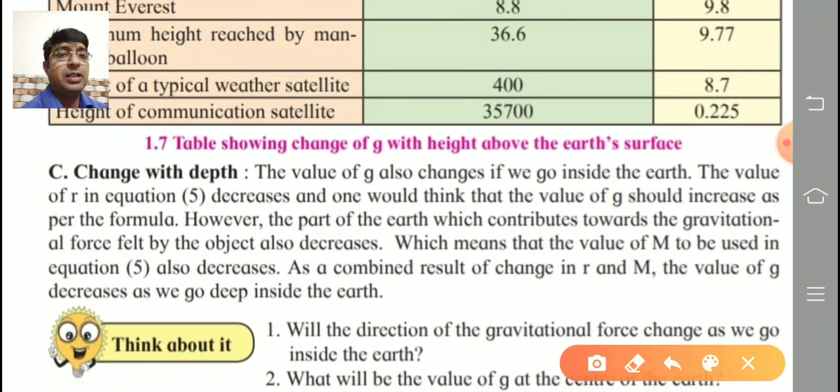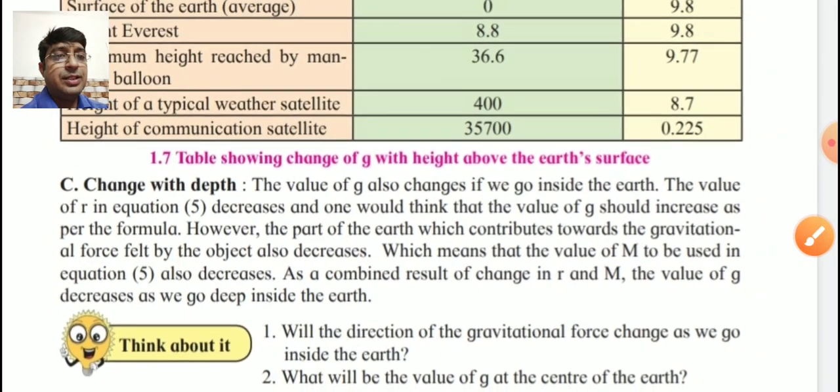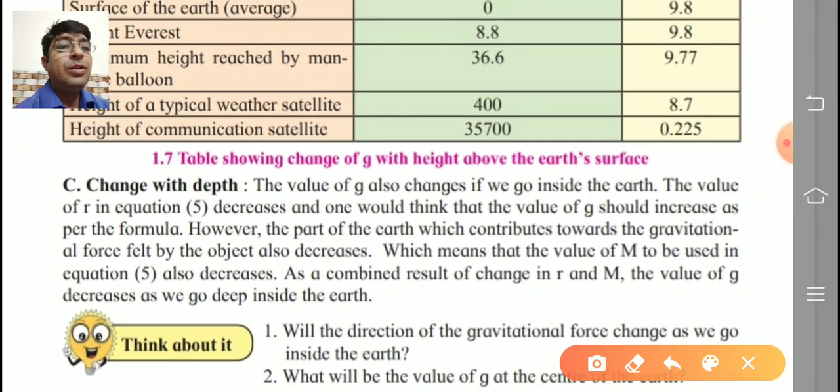Third factor that affects the value of g is the change with depth. See, the explanation is given here. The value of small g also changes if we go inside the earth.